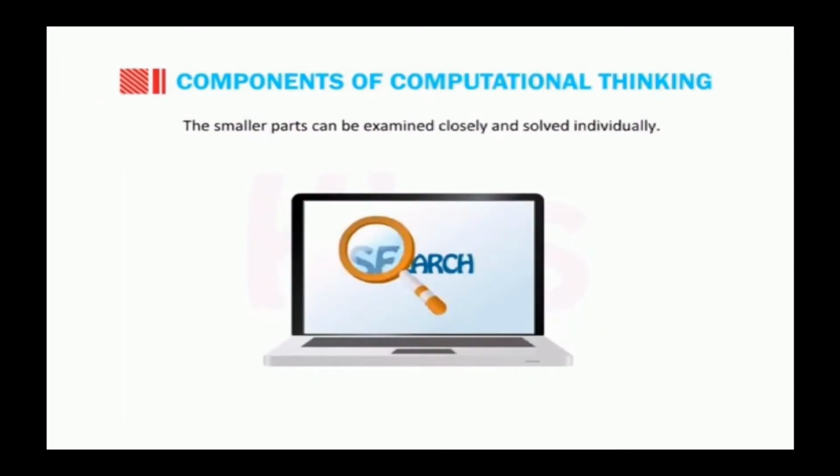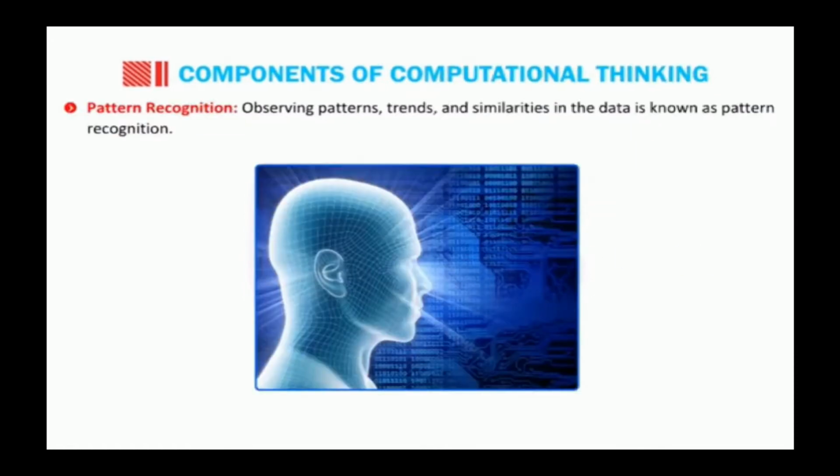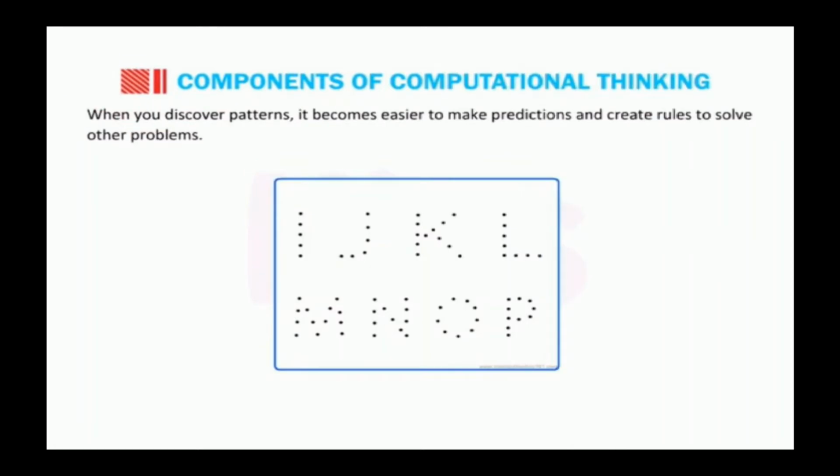The smaller parts can be examined closely and solved individually. Third is pattern recognition. Observing patterns, trends, and similarities in the data is known as pattern recognition. When you discover a pattern, it becomes easier to make predictions and create rules to solve other problems.